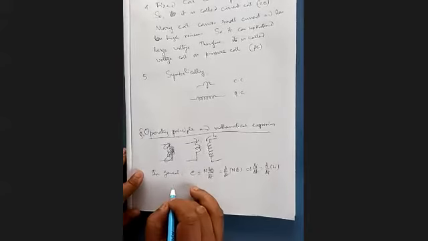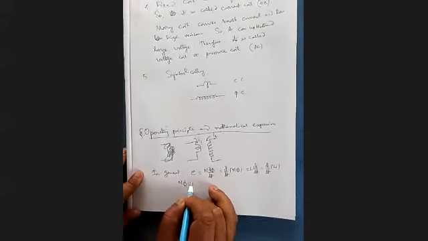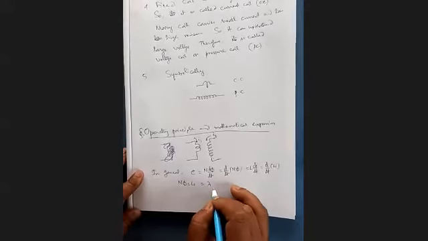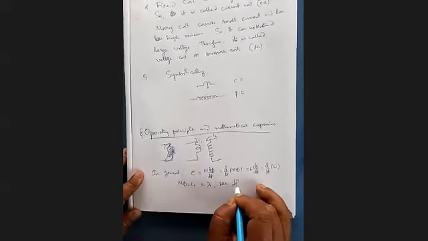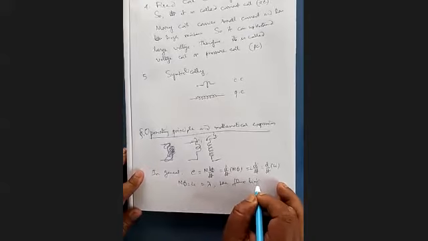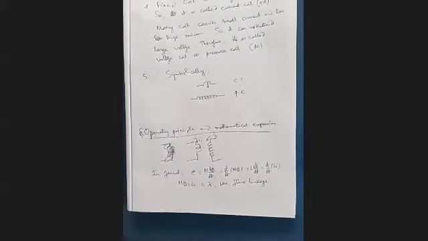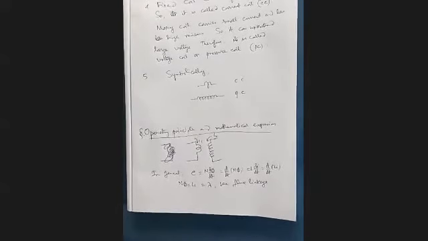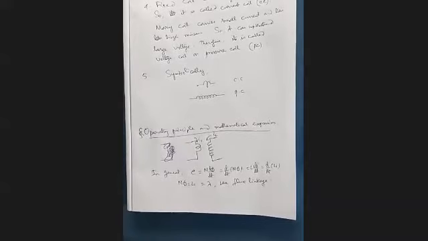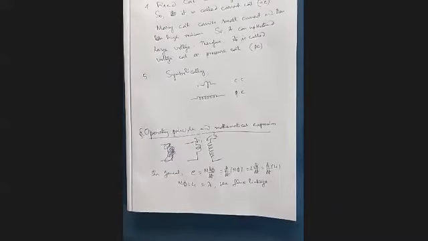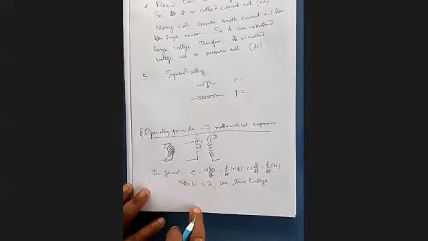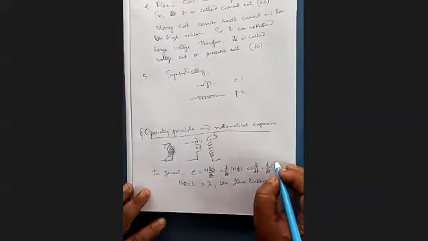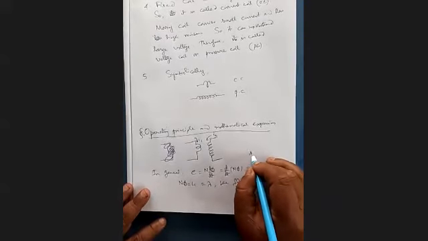So this N phi or Li is called lambda, the flux linkage. So the rate of change of flux linkage is actually the cause of the EMF induced in the coil. Okay, but here not only the self inductance L is there. L, we know, is the self inductance of the coil.